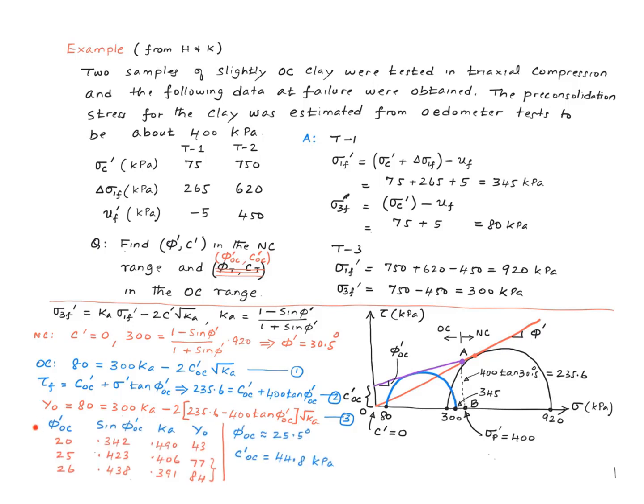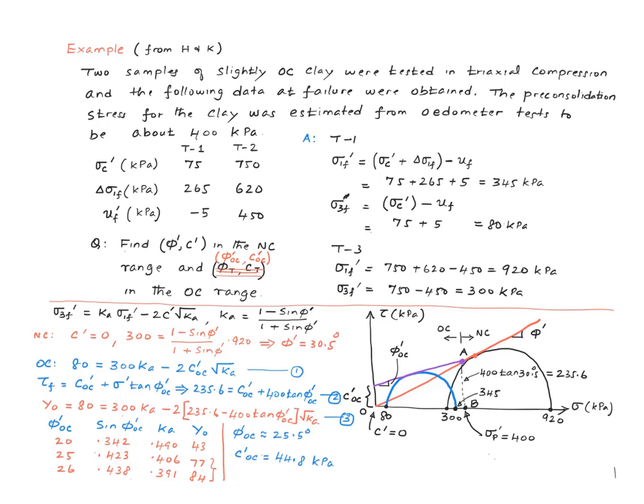Then I made a little table here. The first column is phi prime OC. Then I calculate my sine of that. Once I have the sine of that, I can calculate my Ka from this equation, right? Then I substitute everything in this expression right here in order to find the value of this right-hand side. But the right-hand side is supposed to be equal to 80, right? So I keep doing this until I get a value of 80 for y naught.